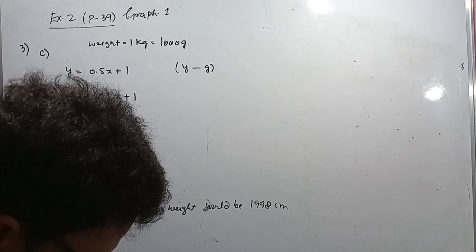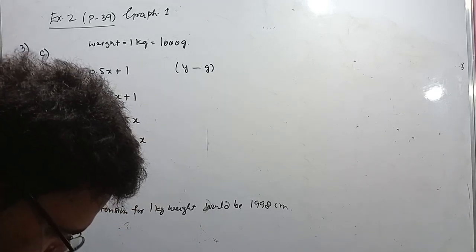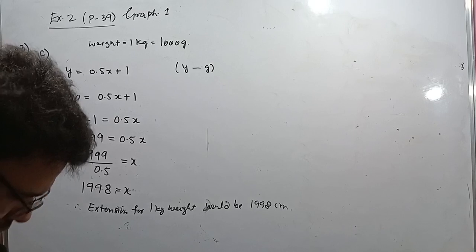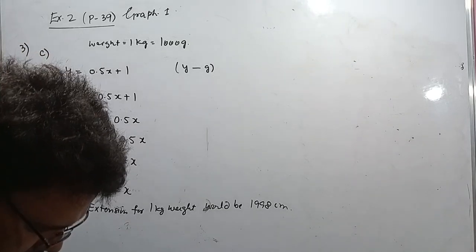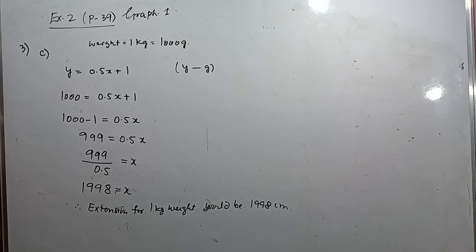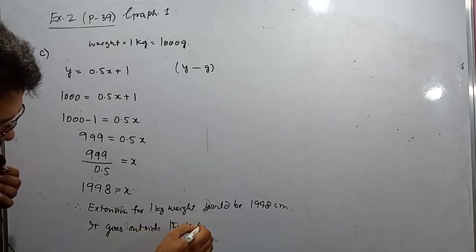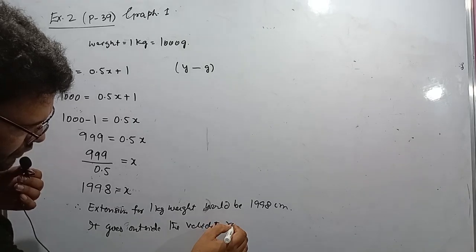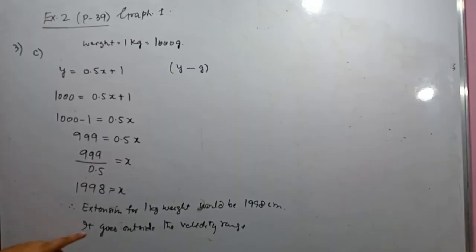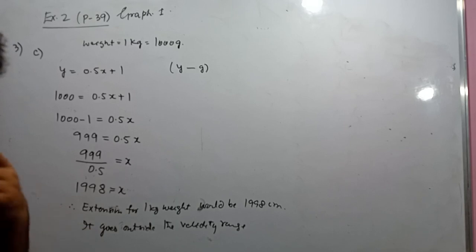What we will say is, when the extension is 1998 centimeters, we can say it goes outside the validity range. It goes outside the validity range because you can see the range: the value of x is between 0 and 20. That's why we are saying it goes outside the validity range.